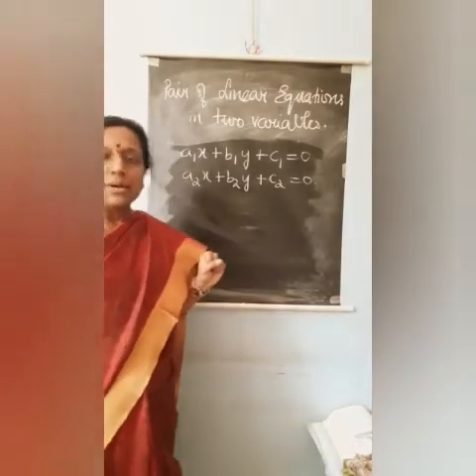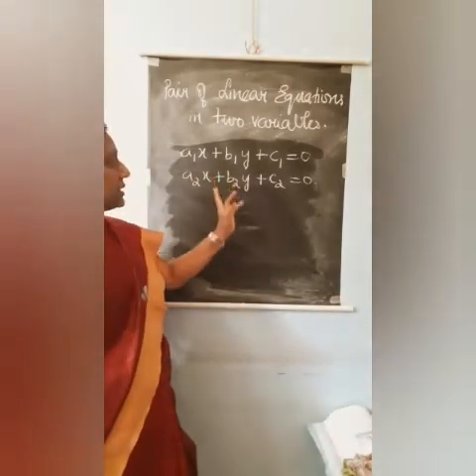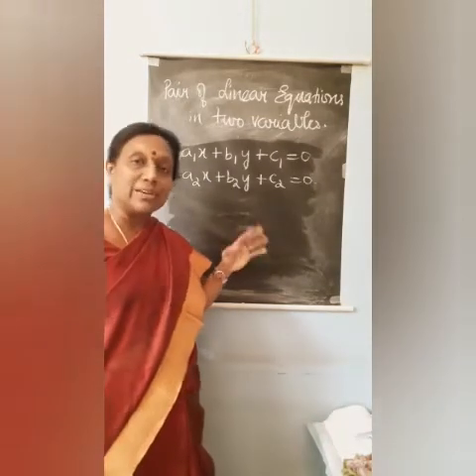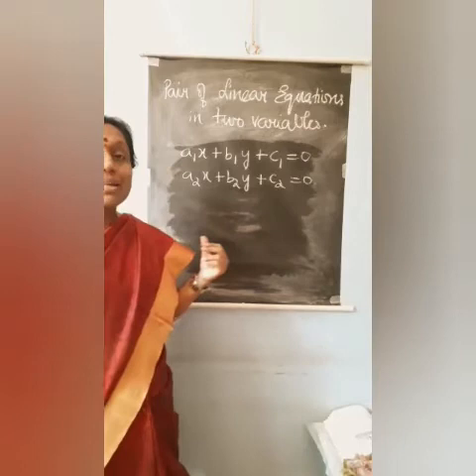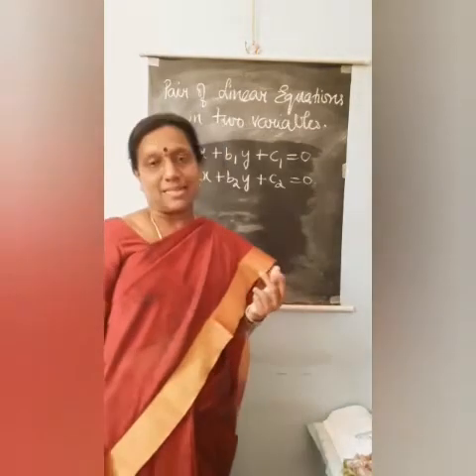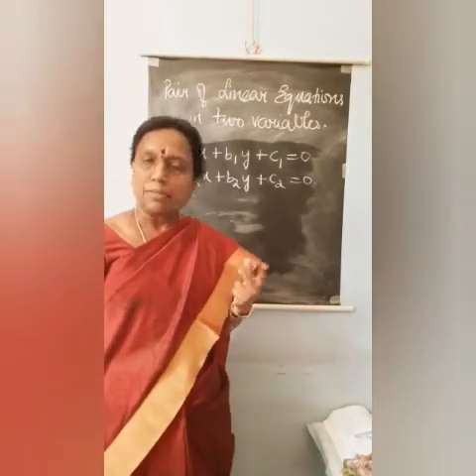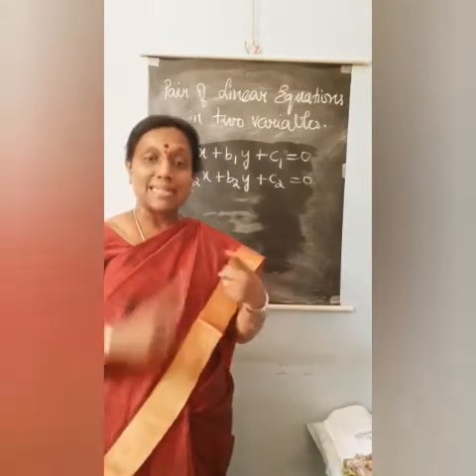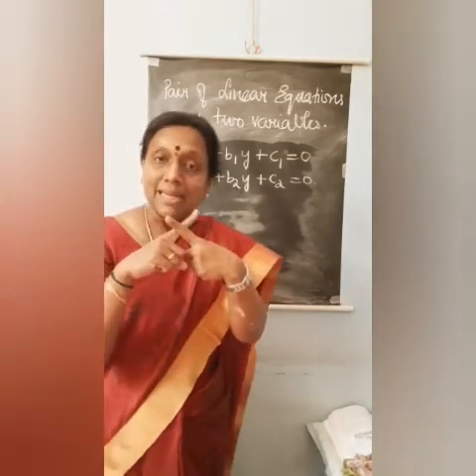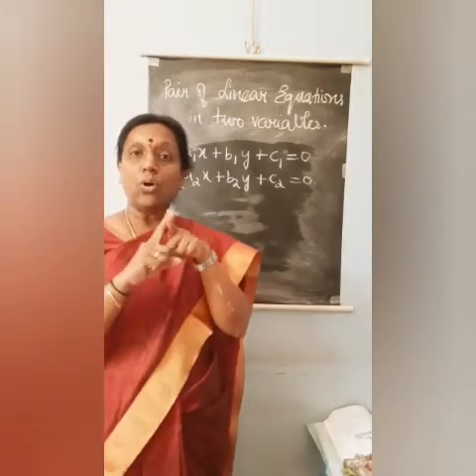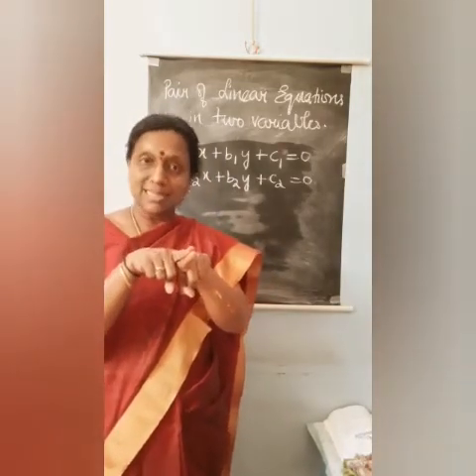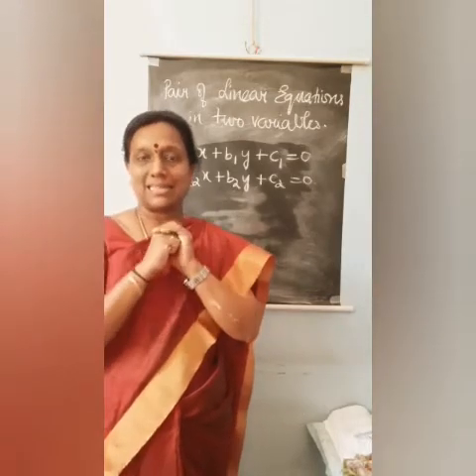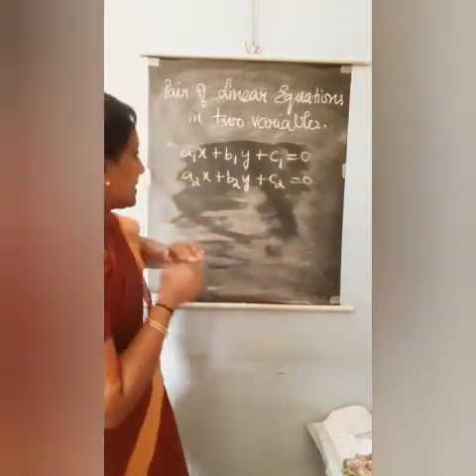Now, if these two equations are going to be solved graphically, there will be three conditions that arise. That is, you will get a pair of lines, right? They can be intersecting lines or coincident lines or parallel lines. So, let us see.